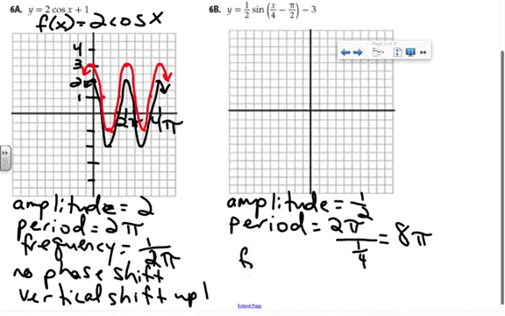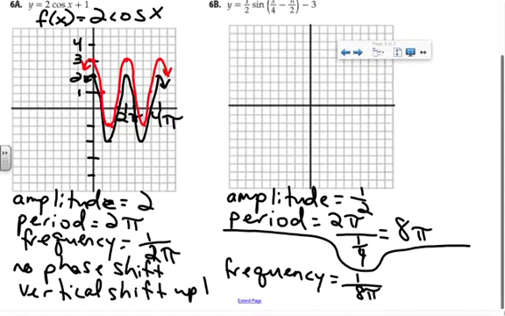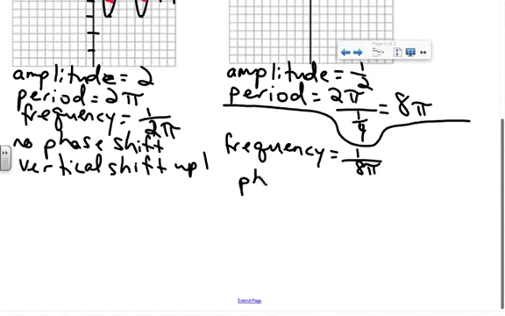The frequency, therefore, is once every 8 pi. Oh, this looks very messy and hard to look at. We said that our frequency was once every 8 pi. And then the phase shift is negative.